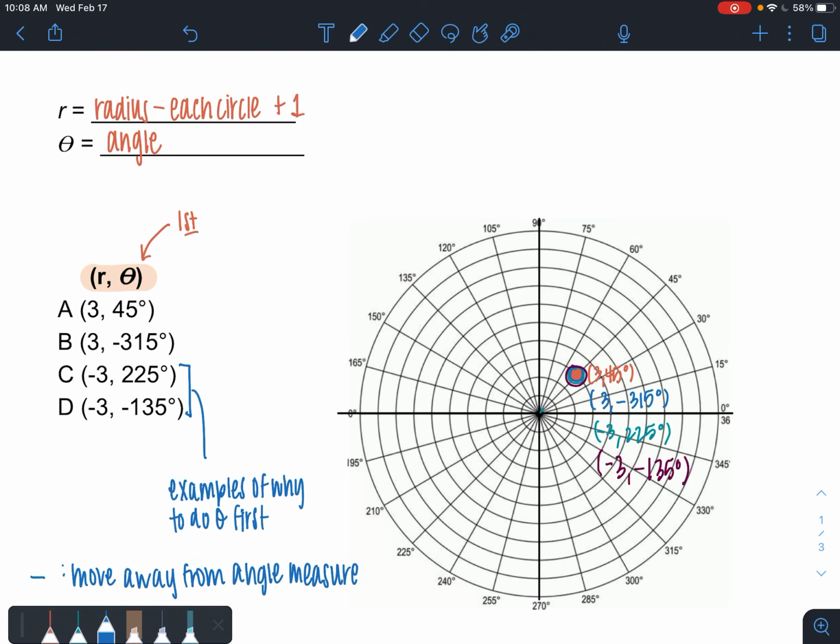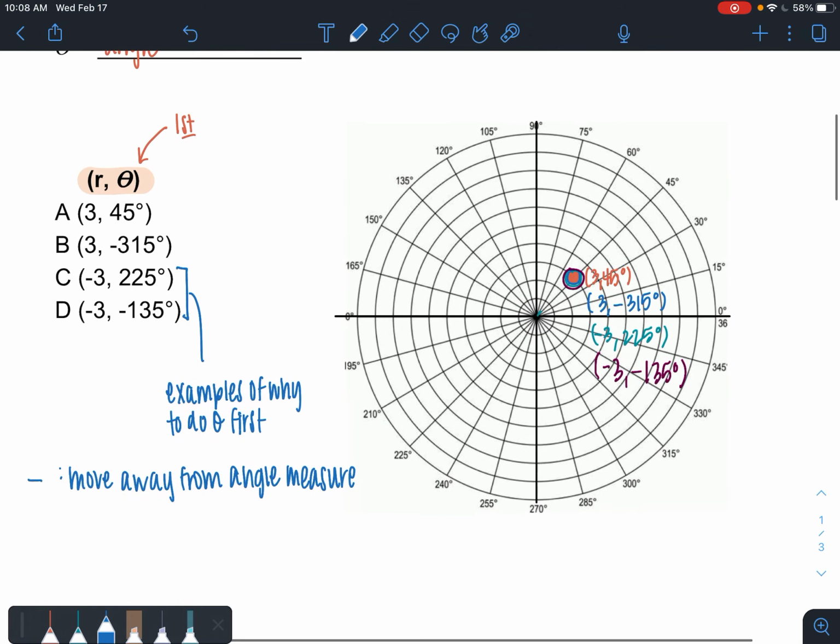When we're negative, we're moving away from that angle measure. All of these points, if you remember, are called coterminal angles.